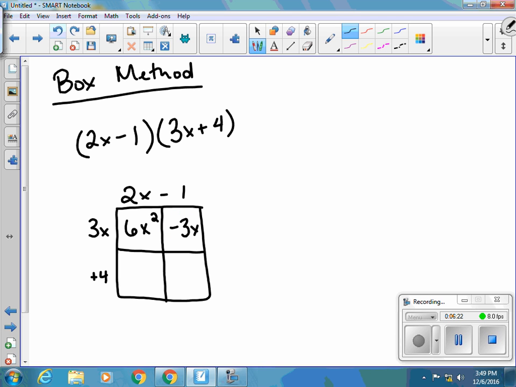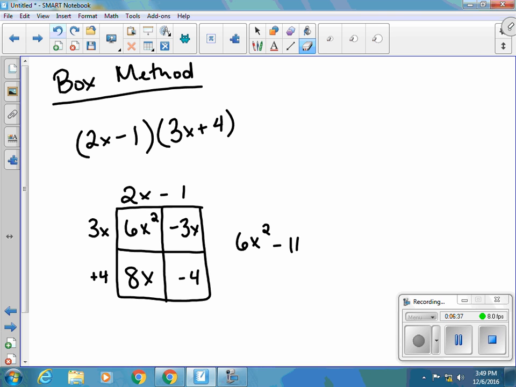In the bottom left here, I've got 8x. Bottom right gives me negative 4. Now I've got everything organized so that I can combine like terms. So I've got 6x squared plus 5x minus 4.